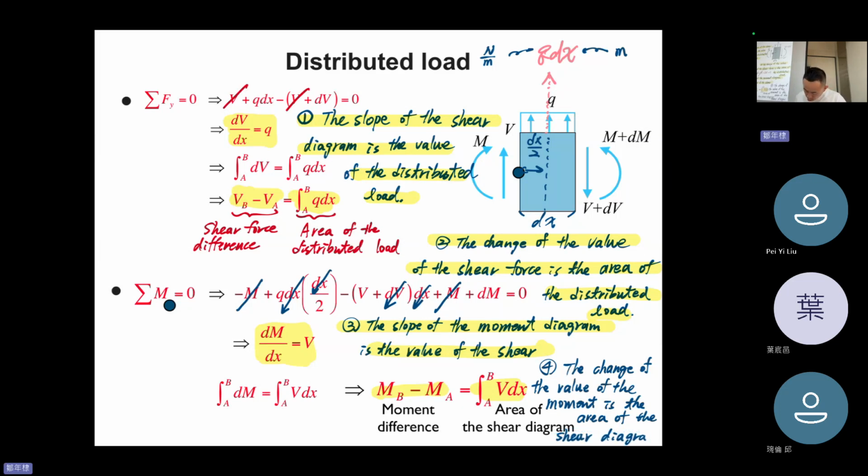That's it. So your moment is actually strongly correlated with shear.